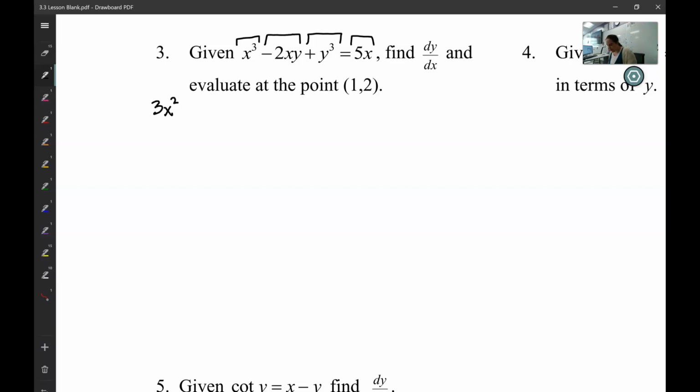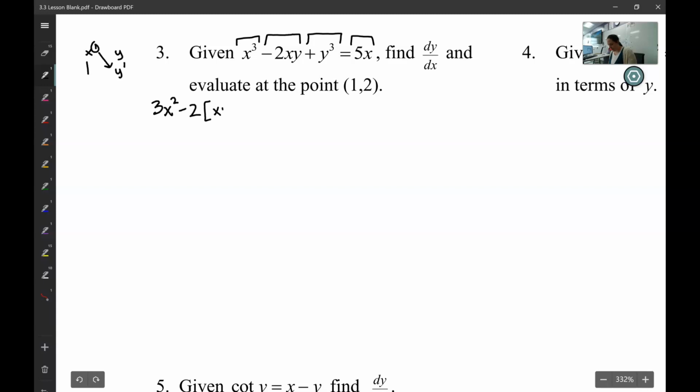This second one is actually a product rule. So I have x and y. Derivative of both, derivative of x is 1, derivative of y is y prime, and then I'm going to do my product rule.